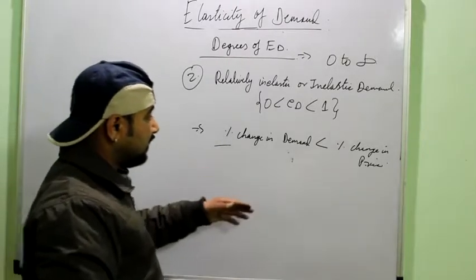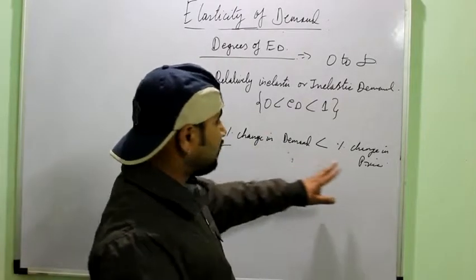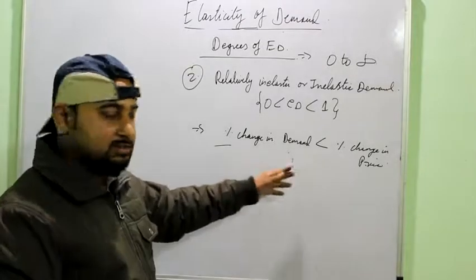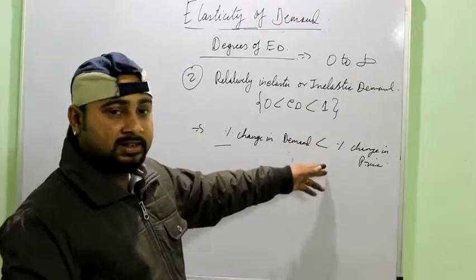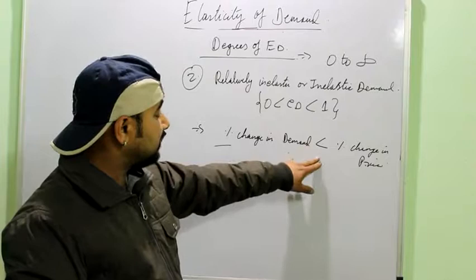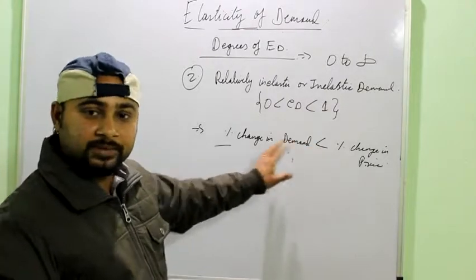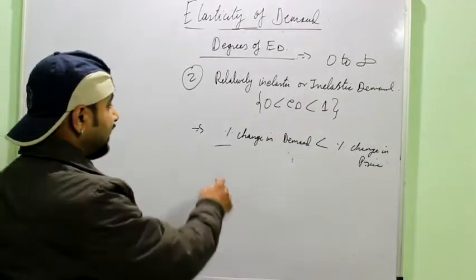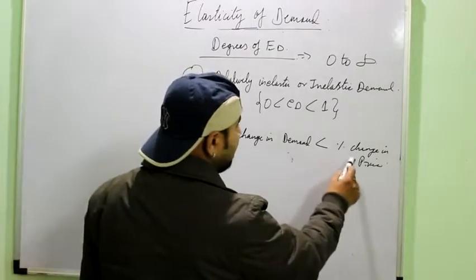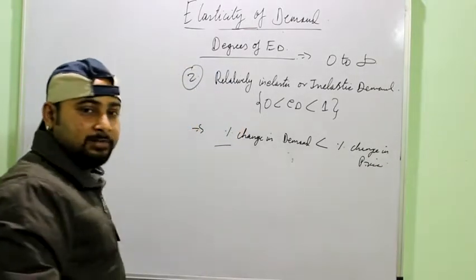Remember, all the other degrees will also be defined on the basis of these two things, right? In the next one you will have equal to, and in the elastic demand you will have greater than. So you should remember, it is simply defining how the proportionate change in demand is related to the proportionate change in price.